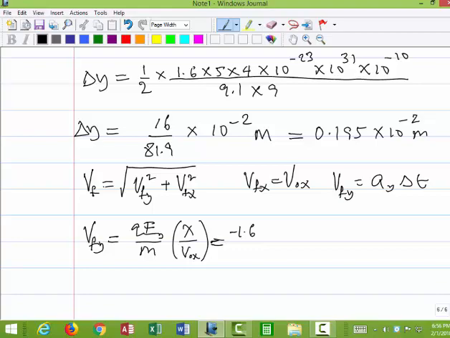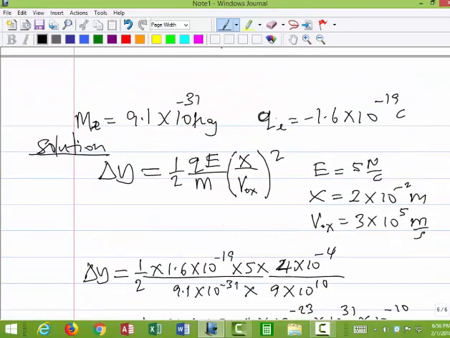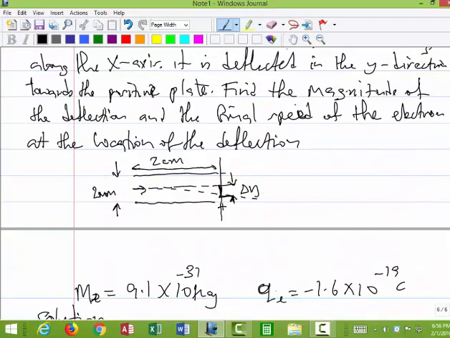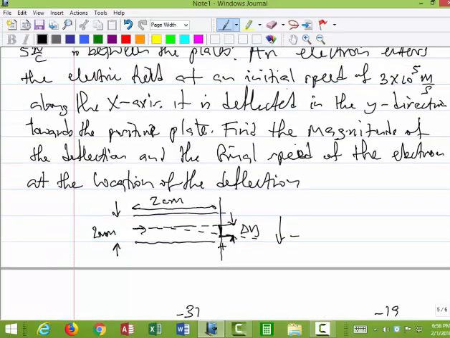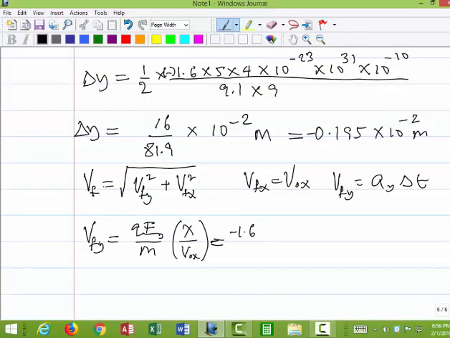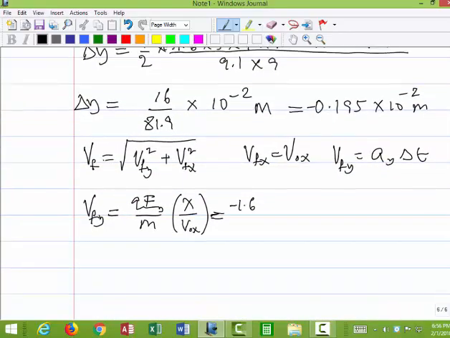This deflection is in the Y direction, so it goes down according to the diagram I drew. The magnitude is correct, it's just that you note it's in the negative direction because an electron is deflecting downwards.